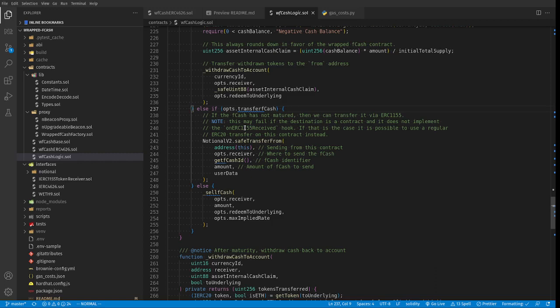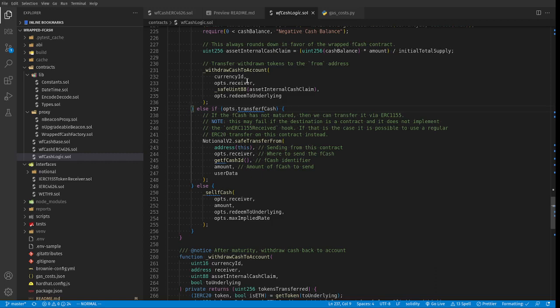So by transferring the fCash back to yourself from the wrapped fCash contract, you'll get it back in your Notional portfolio, and it'll be immediately realized as collateral. So that's what this does.